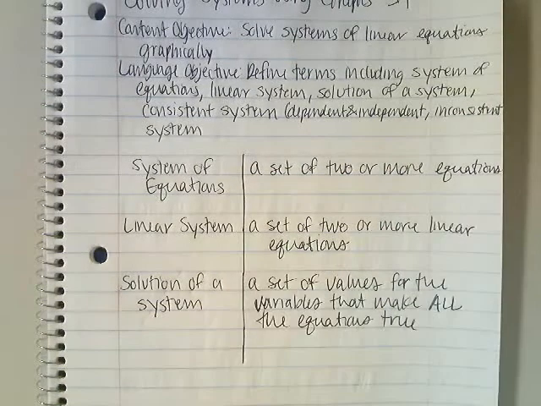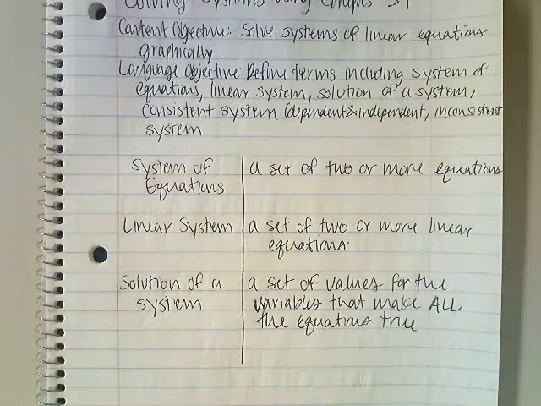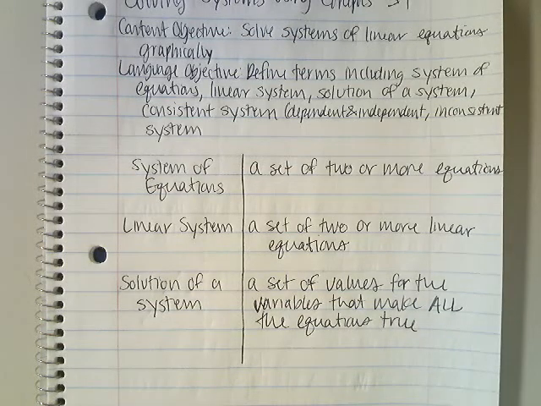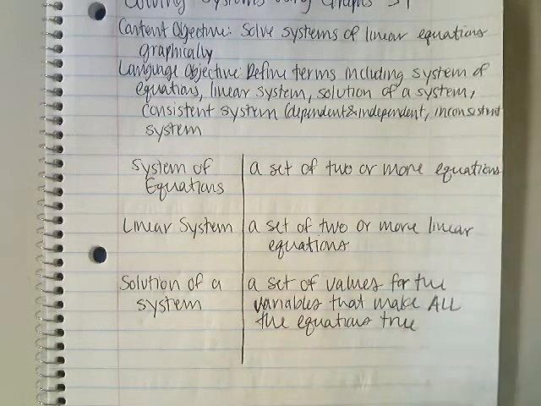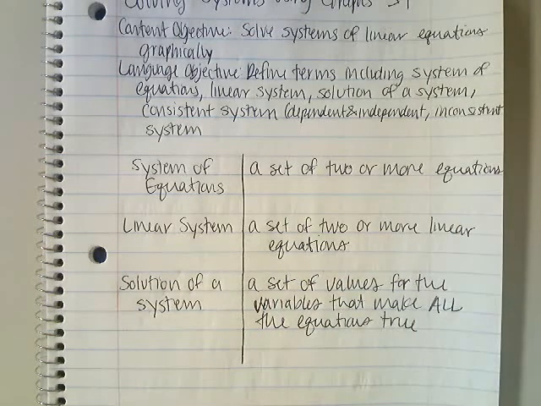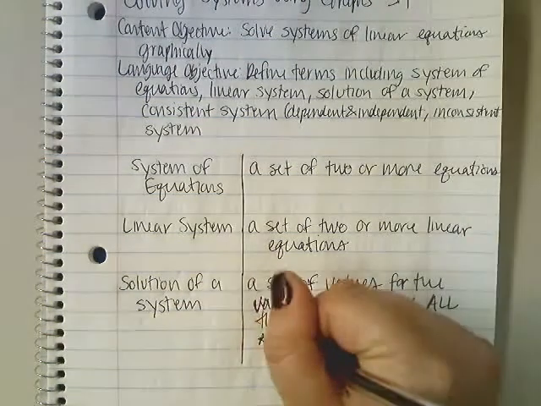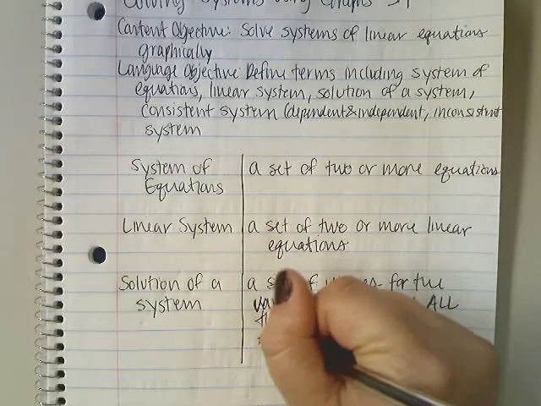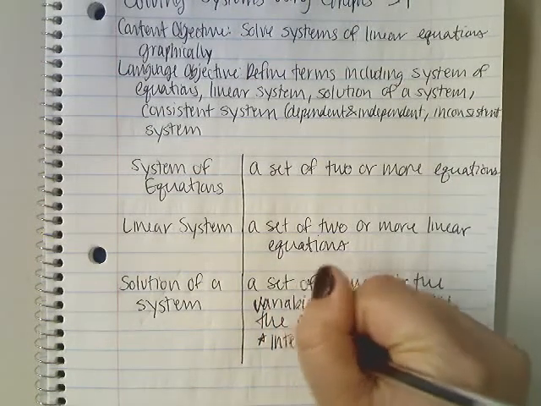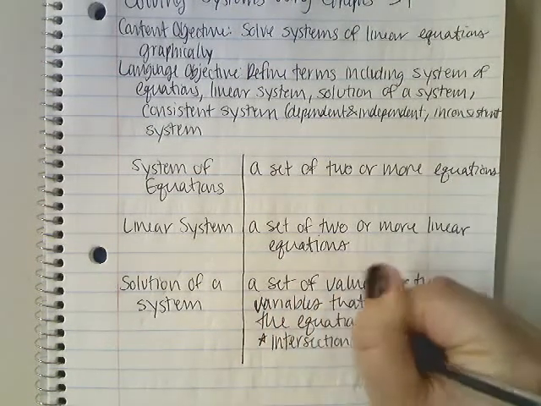So you're solving for a set of values for the variables that make all the equations true. So it's values that you can plug into any of the variables in the linear equations, and you'll get a true solution. Since we're talking about solving graphically today, this is going to be where the graphs intersect, or their intersection points.